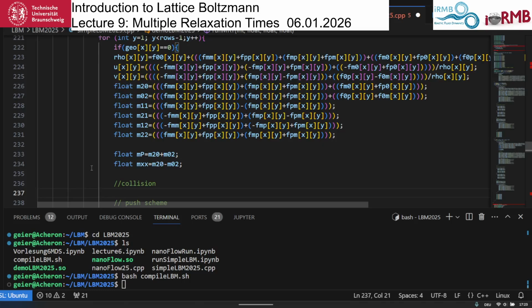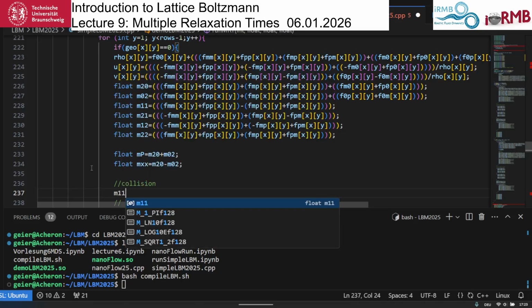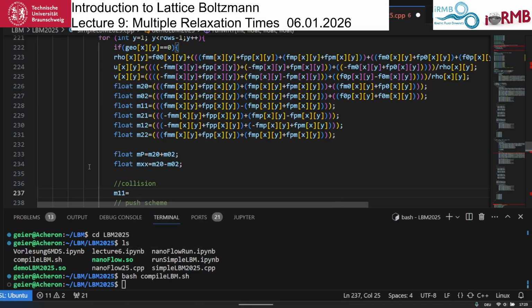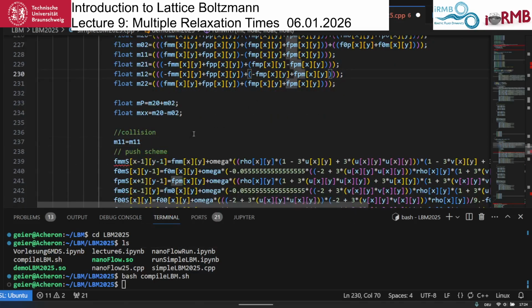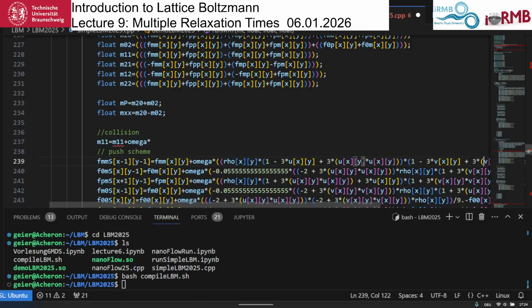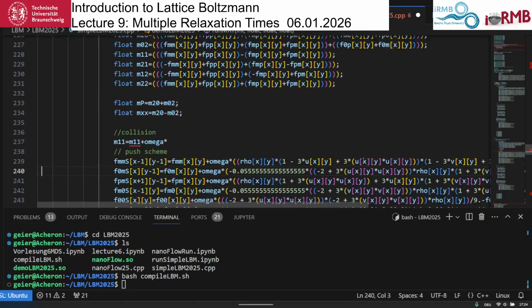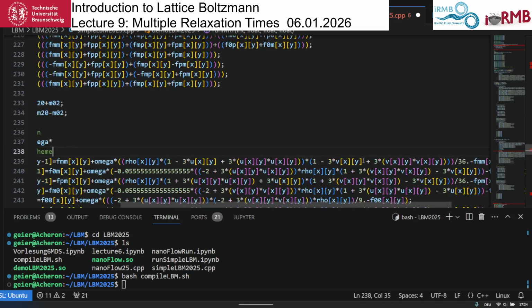Okay, let's start with the easy one. M11 is M11. Wait, let me have a look. So we'll have, okay, the pre-collision version plus omega times the equilibrium minus the pre-collision version, yeah?